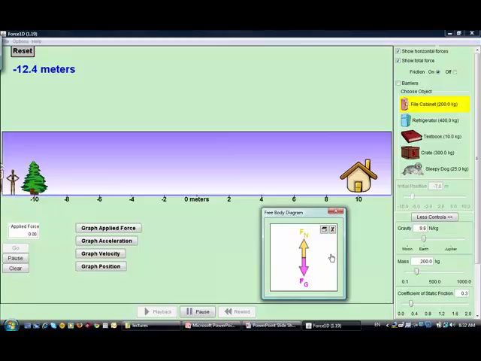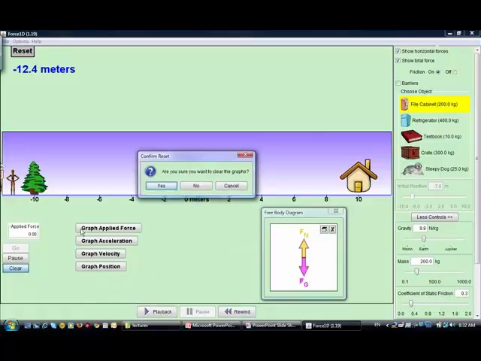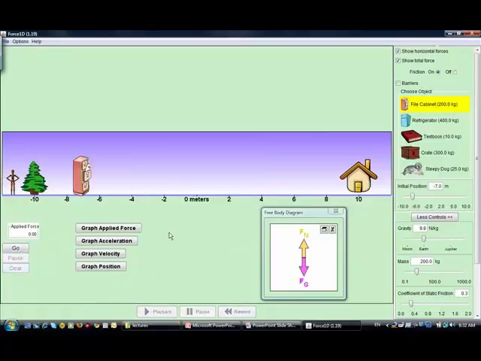Now you notice here, when I don't have any force to apply, let me clear it again so it resets. When we don't apply any force on the cabinet, we still have two forces present. The gravitational force pointing in the downward direction and the normal force pointing in the upward direction.